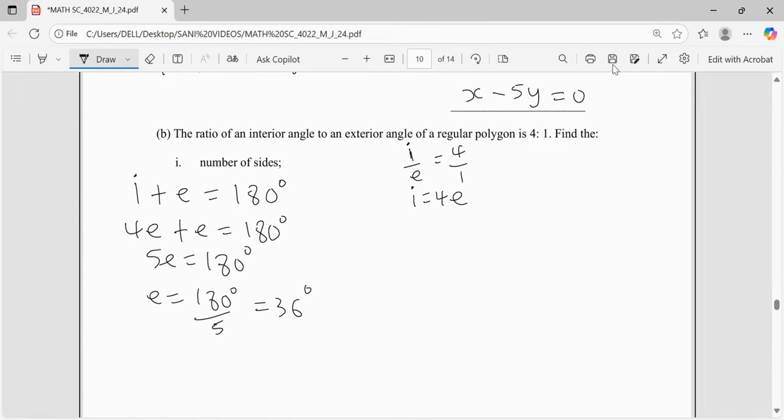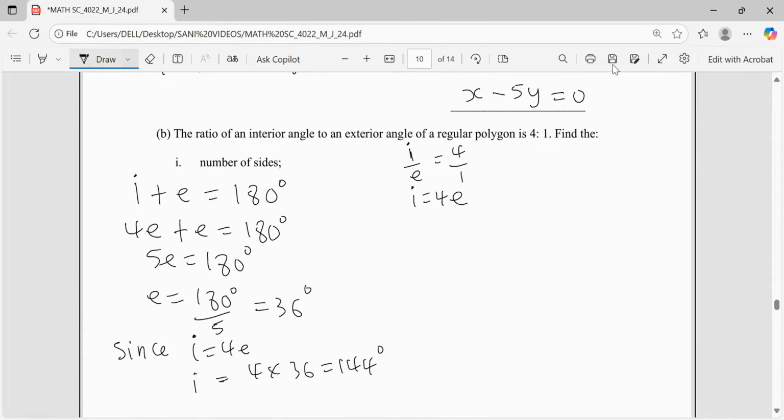Now since I is equal to 4E, the interior angle equals 4 times 36, which equals 144 degrees.